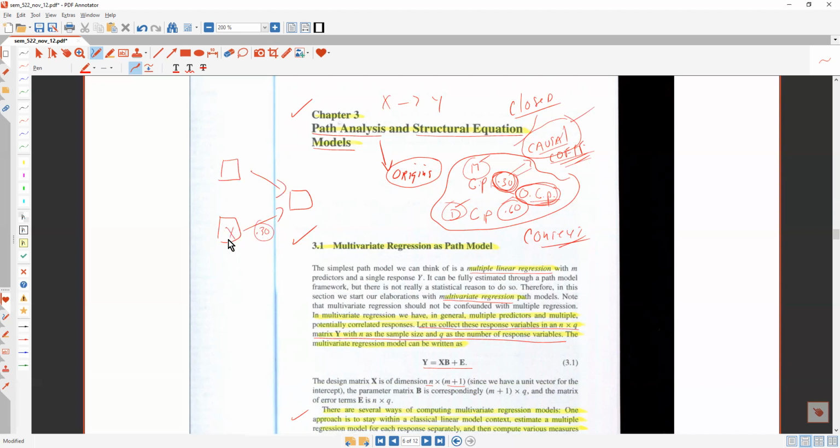You have no evidence that this is causing this one. The evidence that you could have would have to come from the context of the design and the context of the variables. That might come from an experimental design, or it might come from a situation like this, where you say, well, what else could be producing the height of the guinea pig?